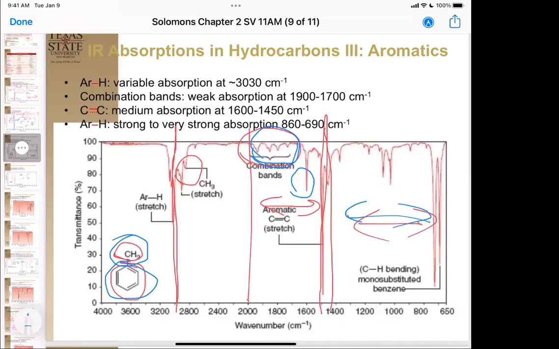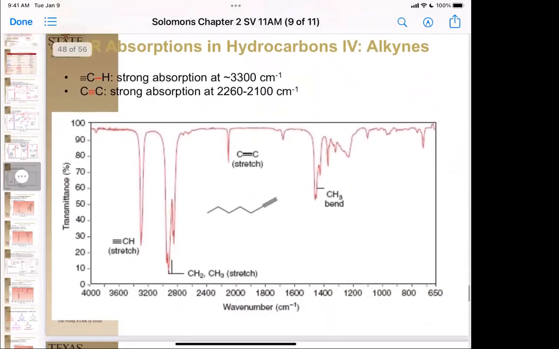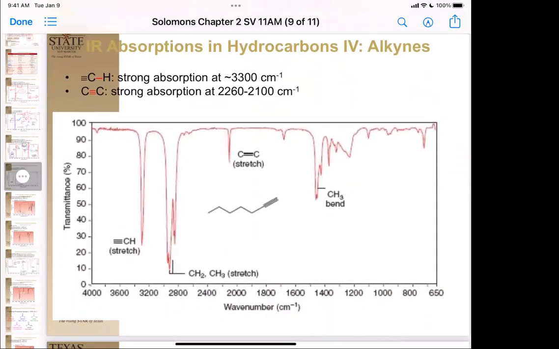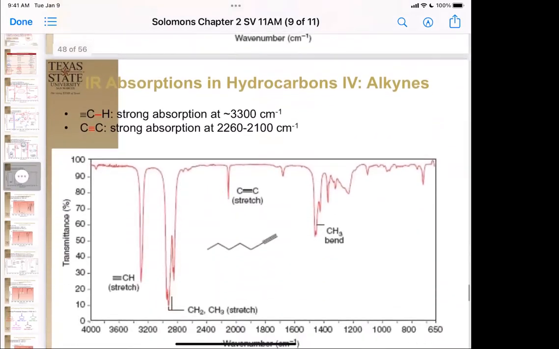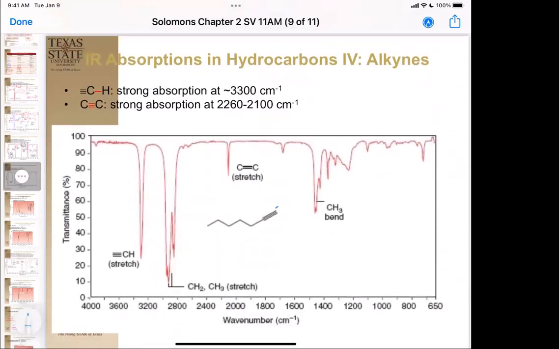So we've gone from our hydrocarbon with only sp3s, with carbon-hydrogens all below 3,000. We started with an sp2 and saw that was just above 3,000. What if we turned it into an alkyne? And not only an alkyne, but it has to be an alkyne with a hydrogen on it. That alkyne carbon is sp hybridized, which means, is it going to go above 3,000 or below 3,000?